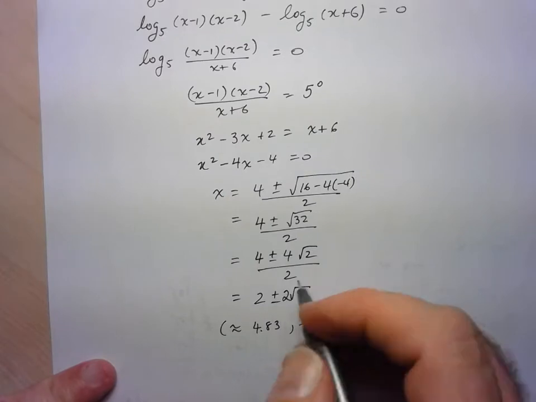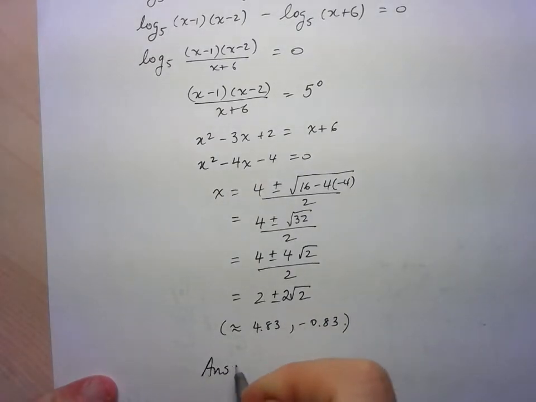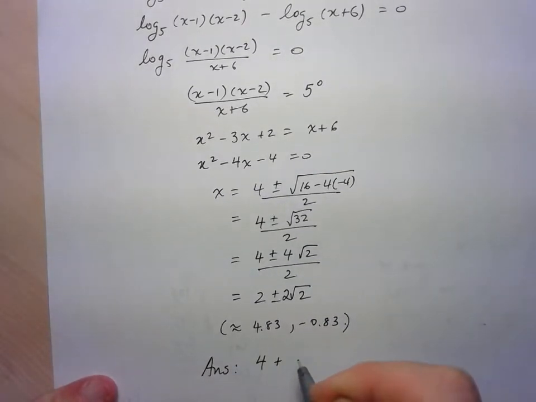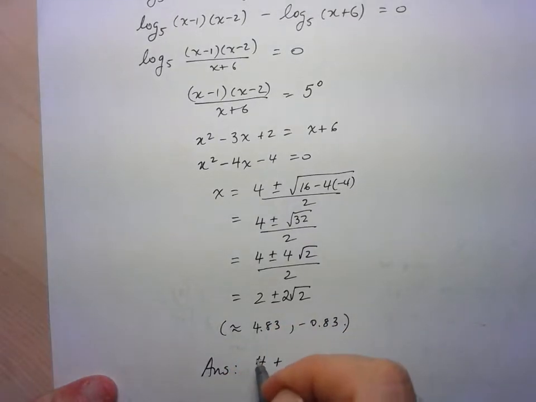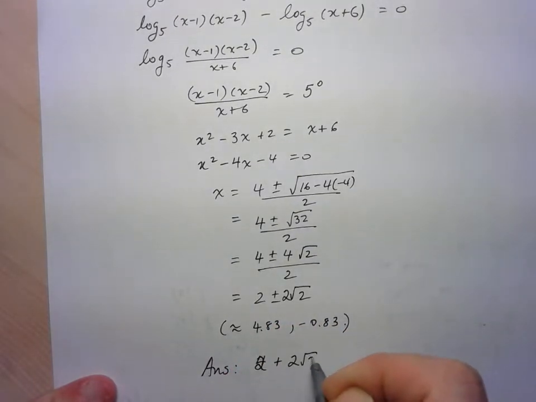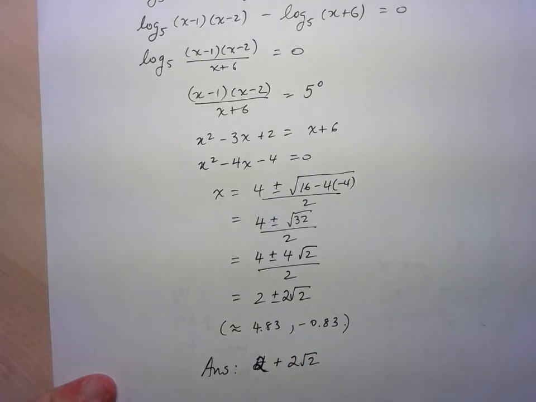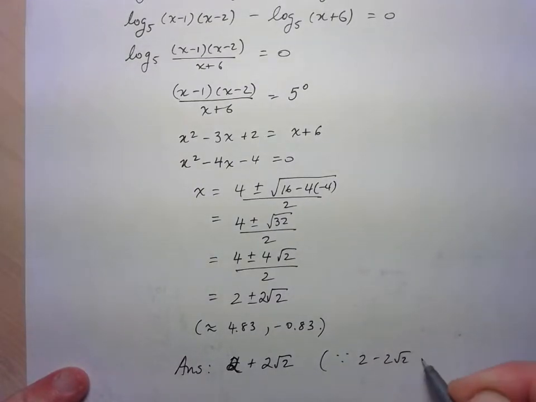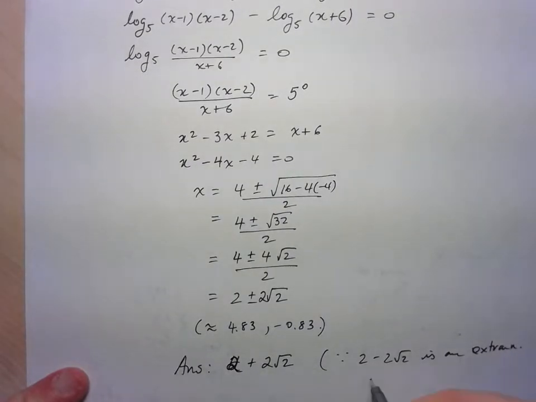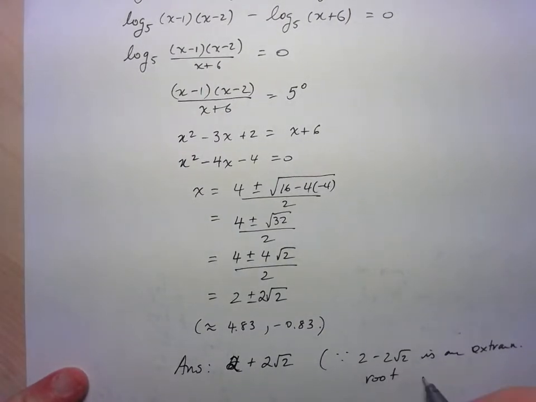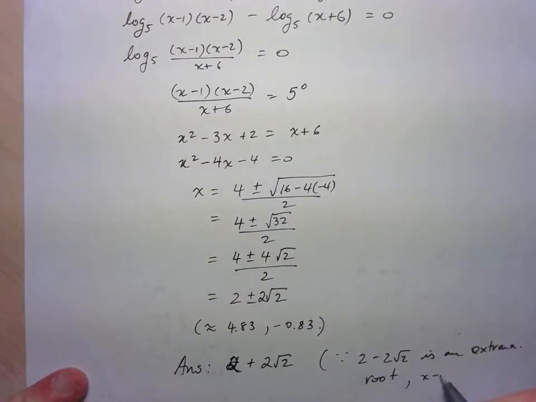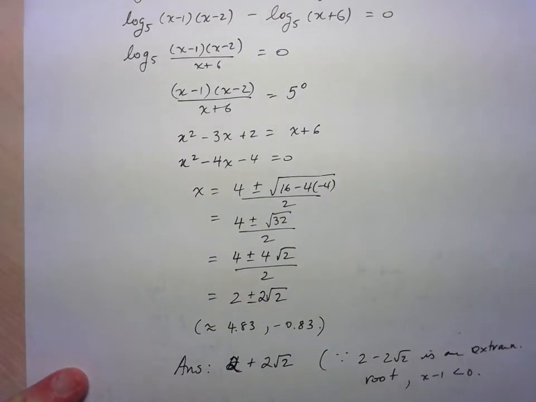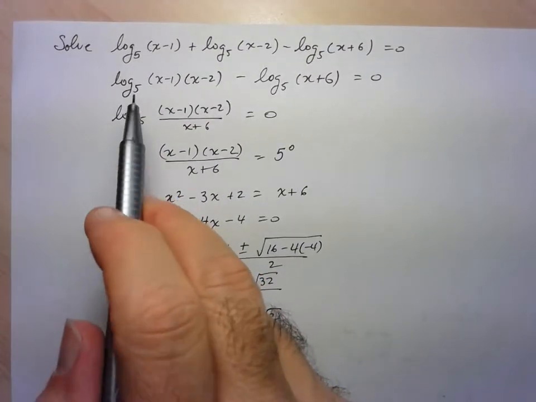So here our final answer is just going to be, we had simplified it, so 2 plus 2 root 2. And I guess we can say in brackets, since 2 minus 2 root 2 is an extraneous root. And why? x minus 1 will be less than 0 in this first expression.